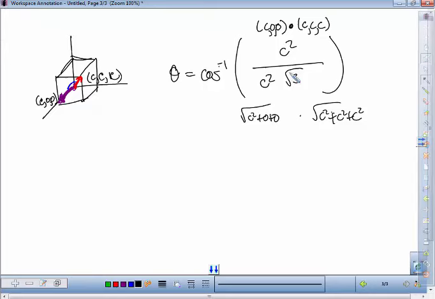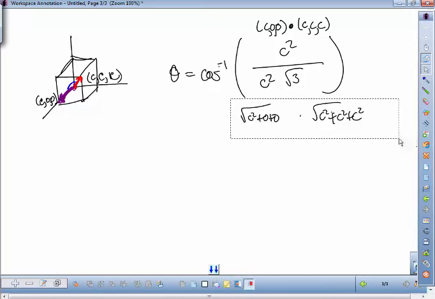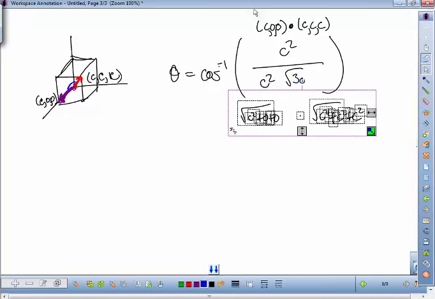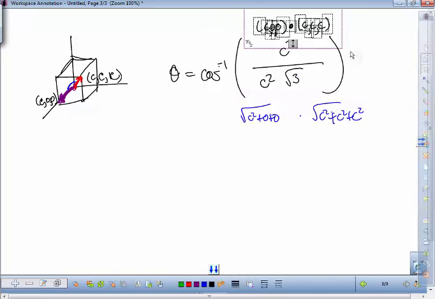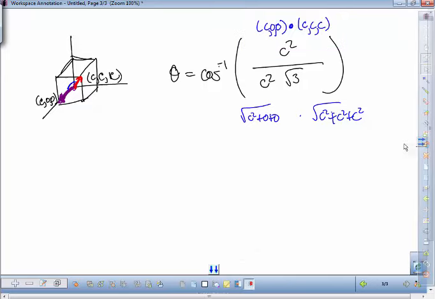If you simplify those, you'll get those values. And so I have 1 over root 3.